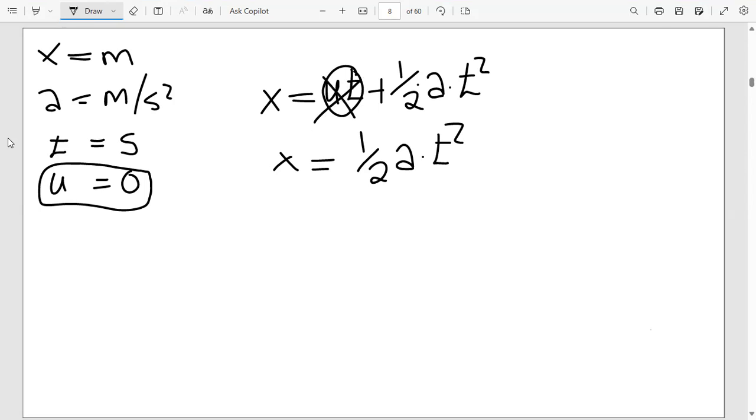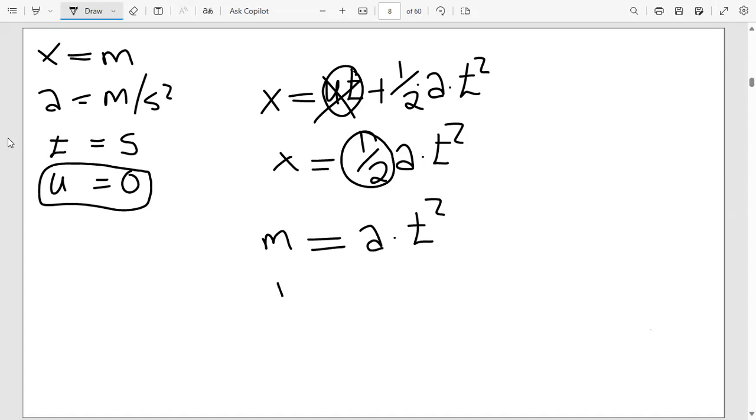Now we can check the dimensions on both sides to see if the relationship we've used works. x is in meters, so we have meters on the left-hand side, and this is supposed to equal acceleration multiplied by time squared. We're not including the constant half, because this is dimensional analysis and we don't focus on constants.